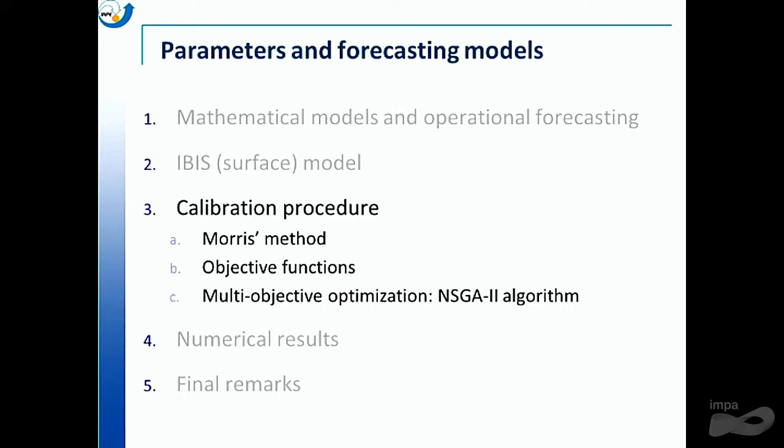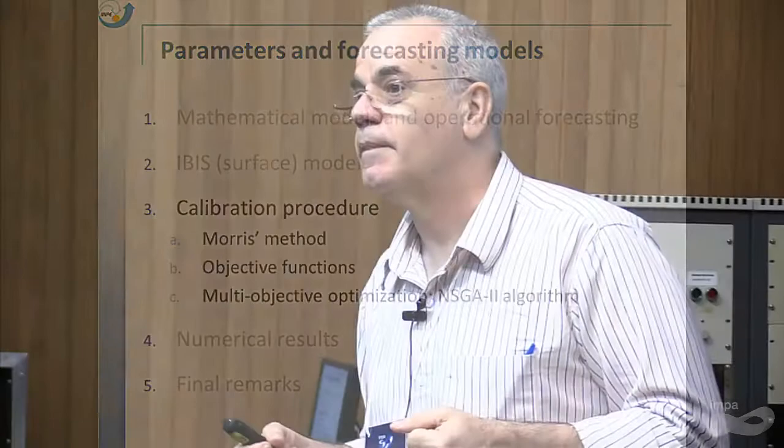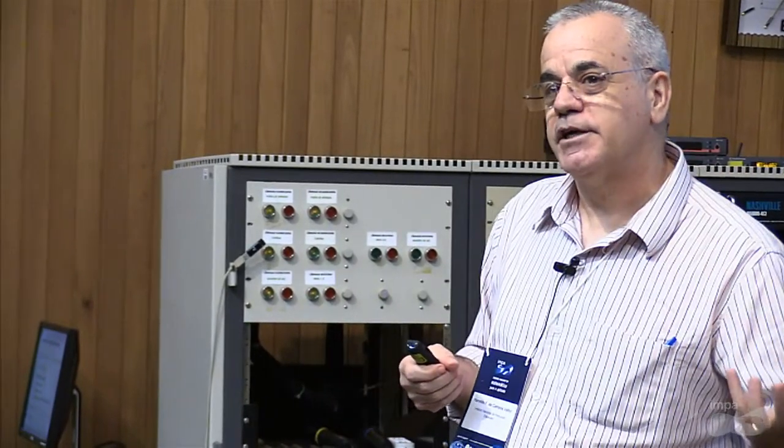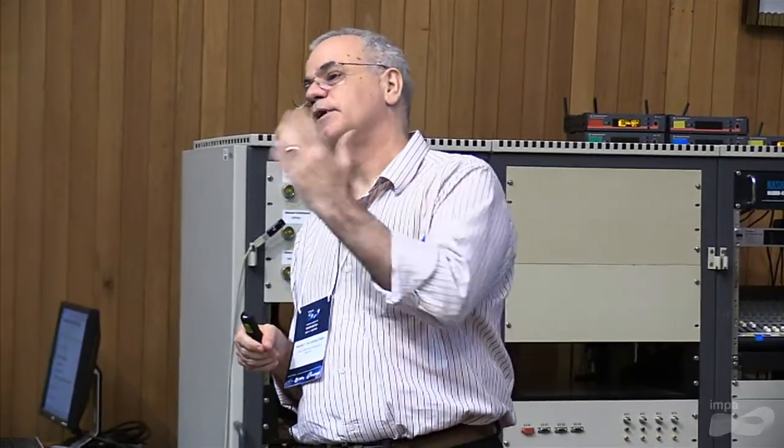But yes, we have a lot of parameters, but we need to identify the relevance of these parameters. According to Pareto's law, few parameters represent much more information, or there is much more relevance for the model than other ones. And so the minority part of the parameters have more relevance than the majority part of these parameters.